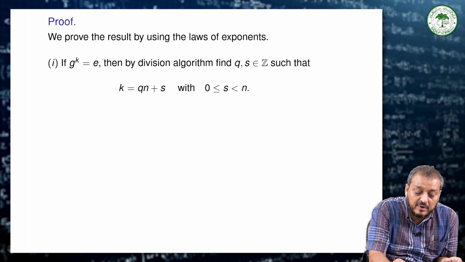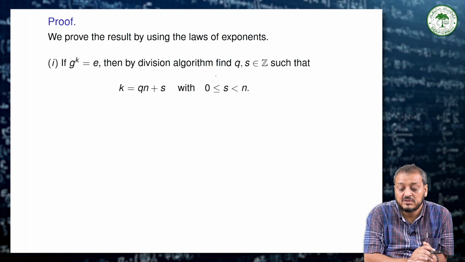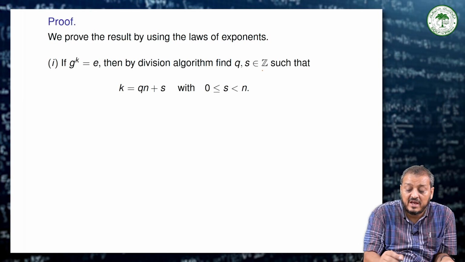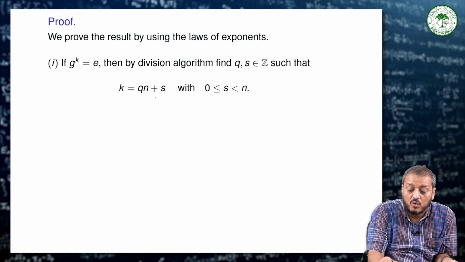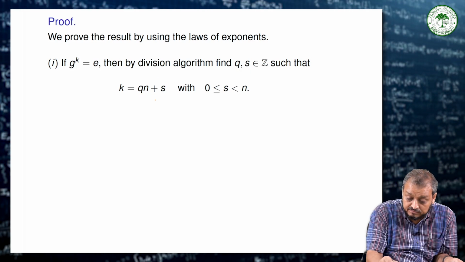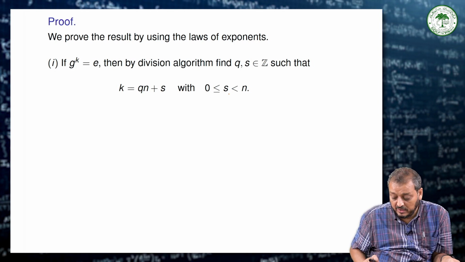So if g to the power k is equal to the identity, then by the division algorithm we find q, s belonging to Z such that k can be written in the form qn plus s, where s lies between 0 and n.